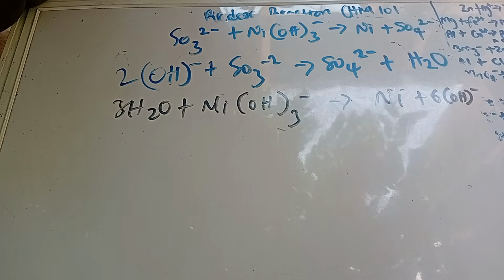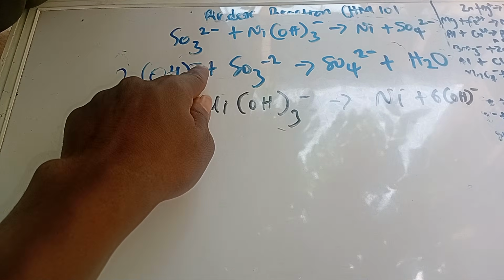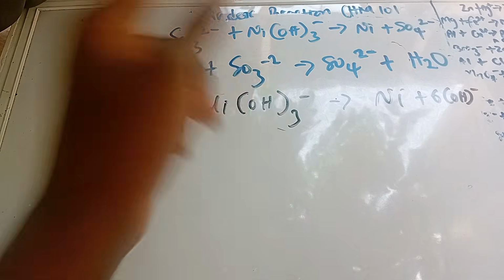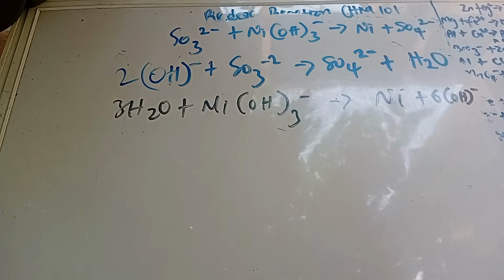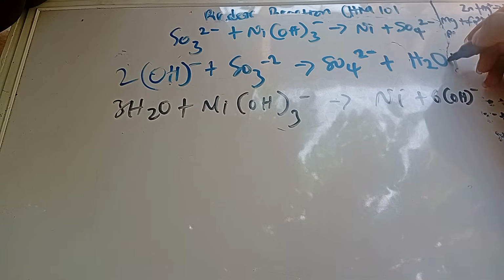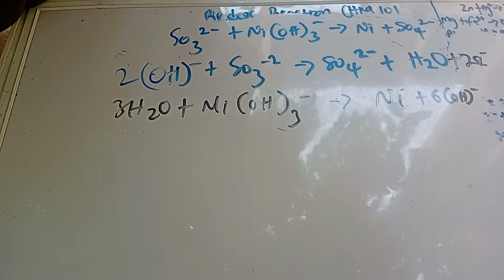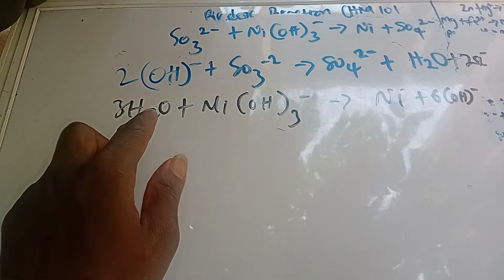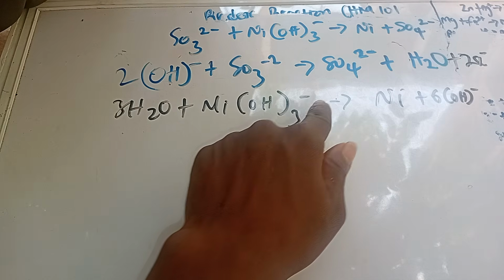Now let's check the charges. Here we have 2 minus and another 2 minus. That's 4 minus. Here we have 2 minus, so it has to be balanced. For this side we have to add plus 2e minus, and that here will be 4 minus, 4 minus. Now let's check this one too. Here we have just minus 1.